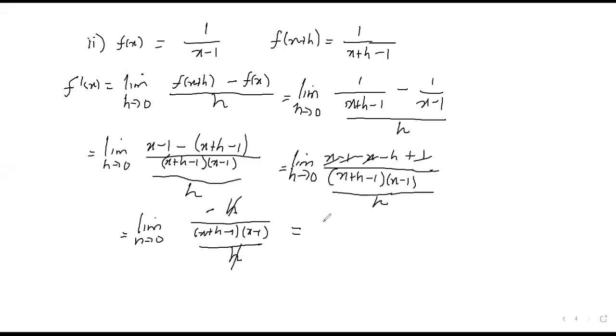So now we remain with minus 1 over, whatever there is h, we can take 0 once we cancel that h that is down there. So now we have x minus 1 times x minus 1, which you can leave like that or write as minus 1 over x minus 1 squared. So that's almost the same principle there.